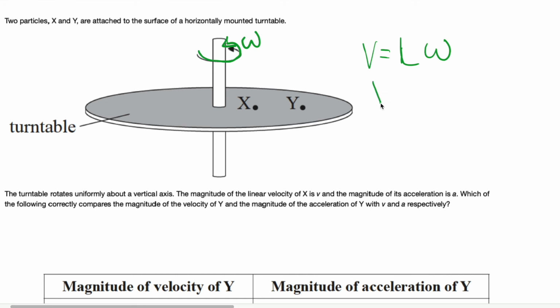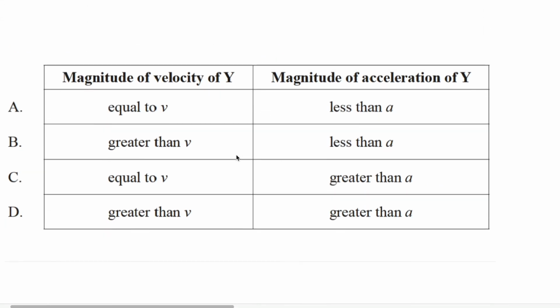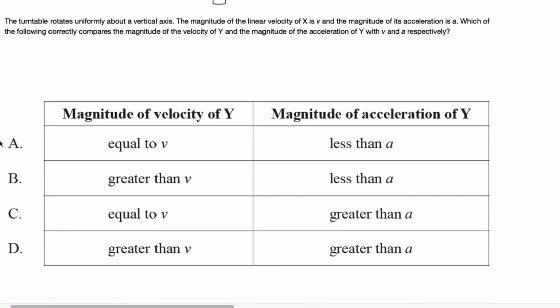So velocity Vx is going to be less than velocity Vy, right? Because the distance here is greater. So A is wrong, C is wrong.